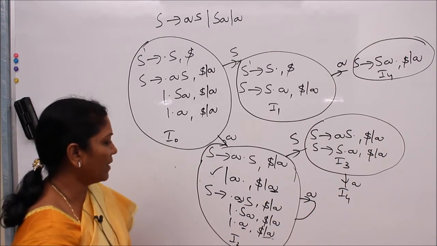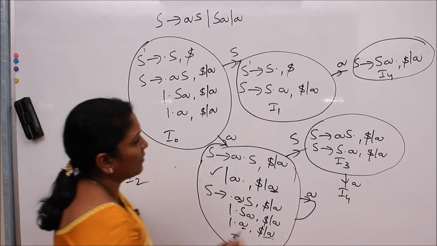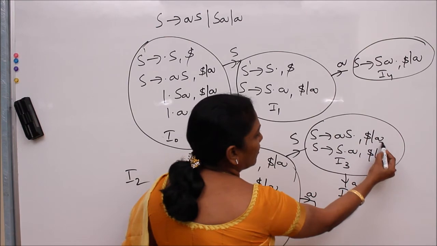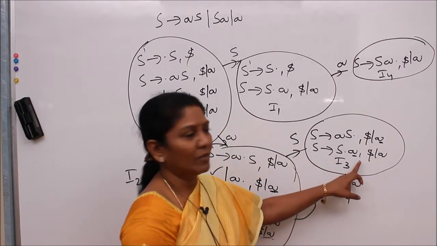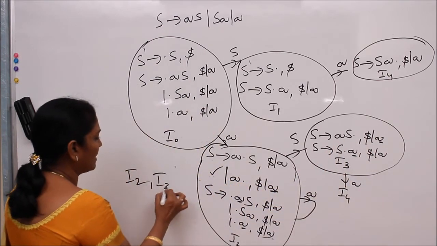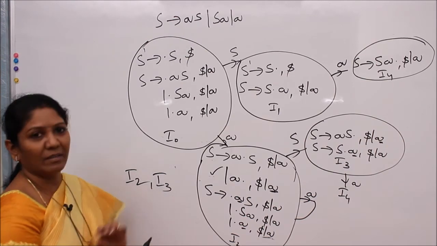So the number of inadequate states: I2 is 1. Similarly, in I3 there is a final item and the final item has a look ahead which is matching with the terminal in the non-final item. So this is also clearly an SR conflict. So the number of inadequate states is 2, and those states are I2 and I3.